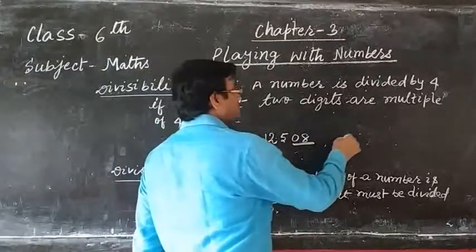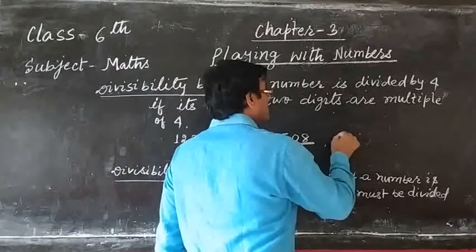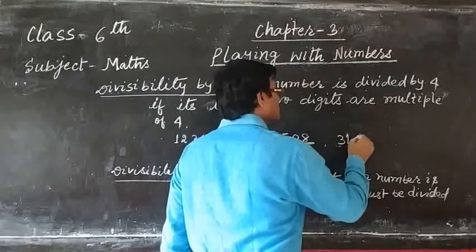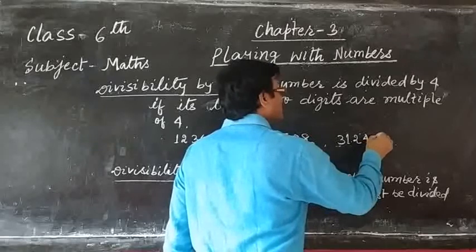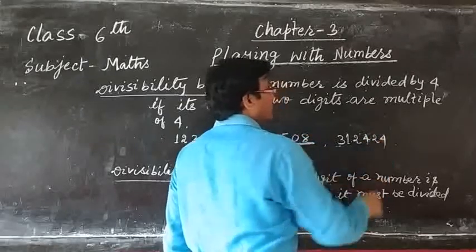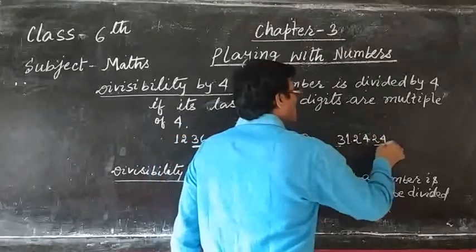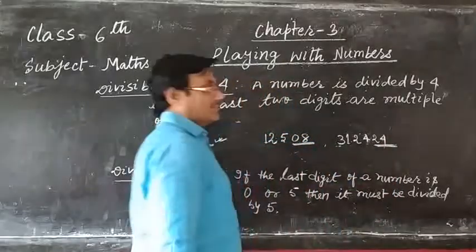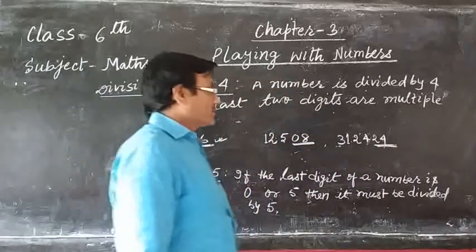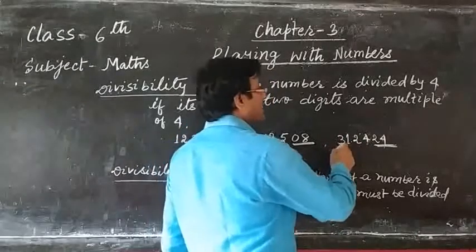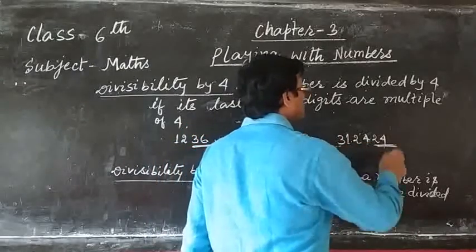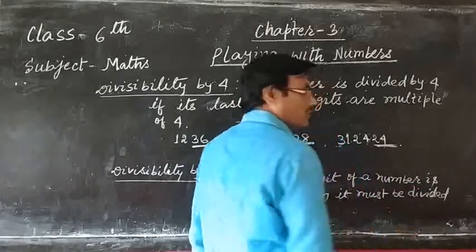Again the next number, 3,12,424. Same process. We have to check this one, 24. 24, 4 के टेबल में आता है, so the number 3,12,424 must be divisible by 4.